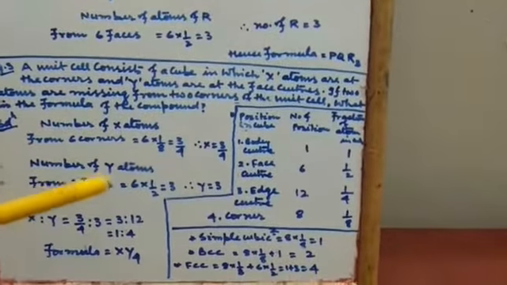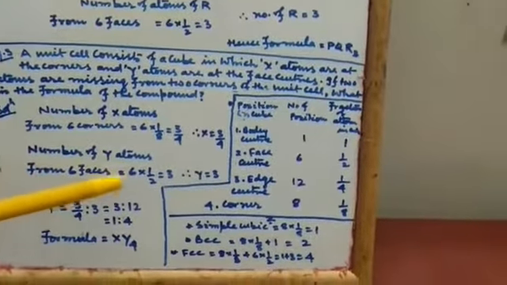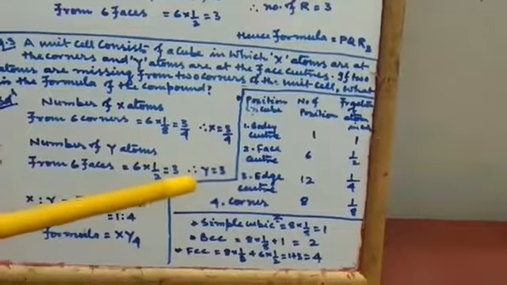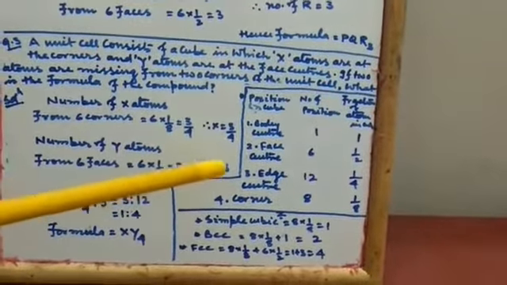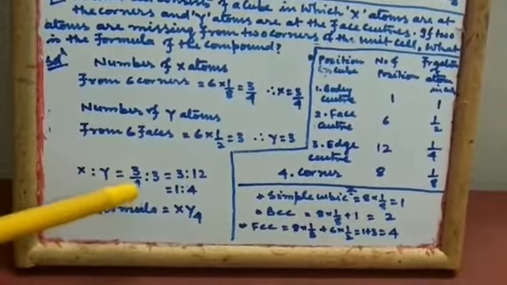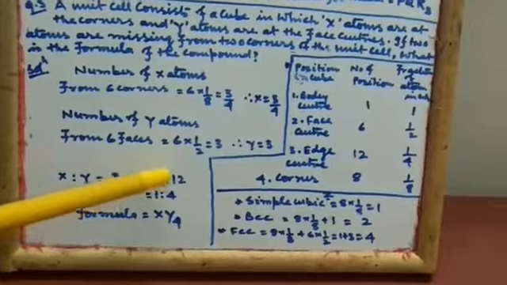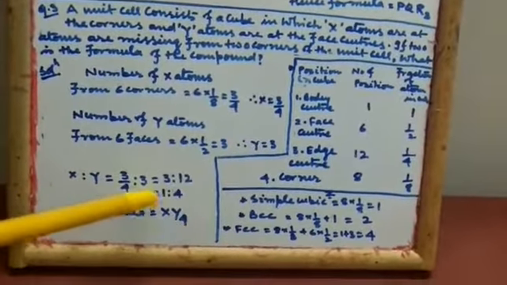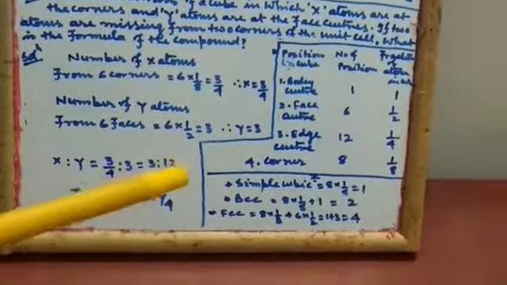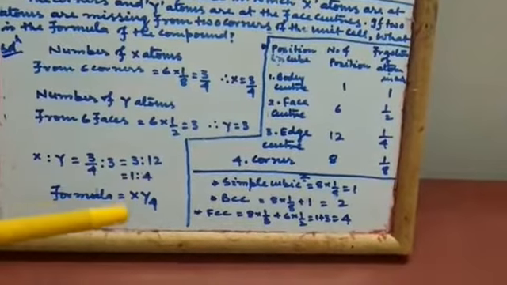Number of Y atoms from 6 faces is equal to 6 into half equal to 3. Therefore, Y equal to 3. X is to Y equal to 3 by 4 is to 3, which is equal to 1 is to 4. Hence, the formula of the compound is XY4.